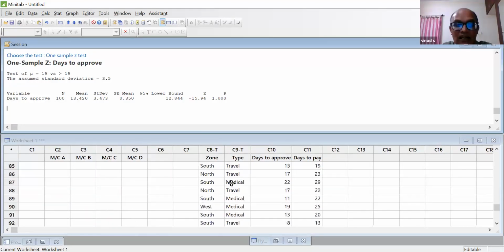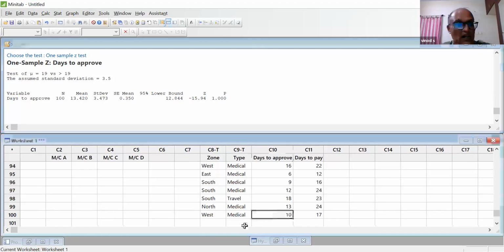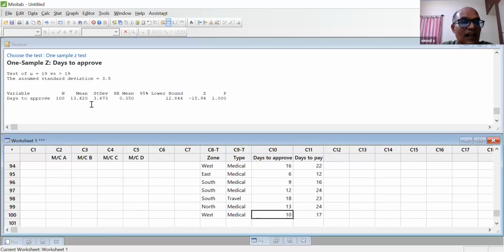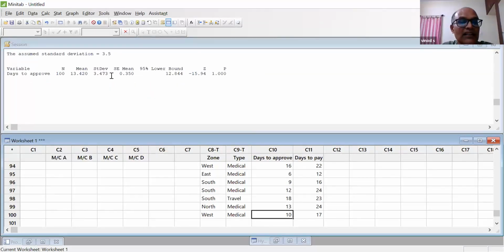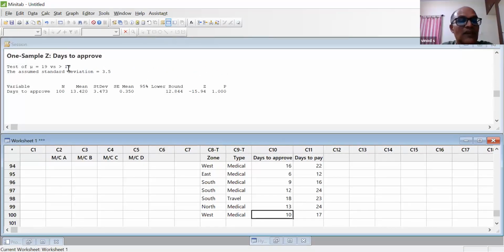And the mean value is 13.42. The standard deviation is given here, right? Then this is the standard error of mean and the lower bound. These things we will discuss a little later. Here it is a lower tail test. Okay, here what testing we are doing is the lower tail test, right?